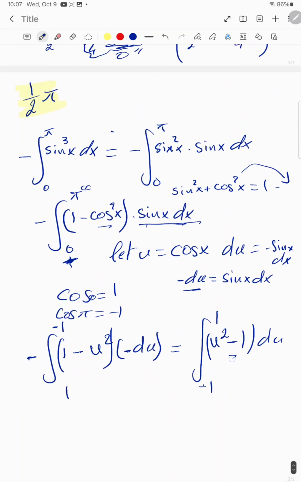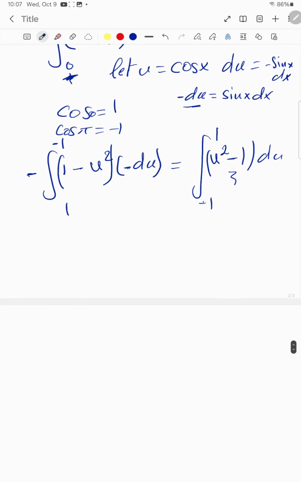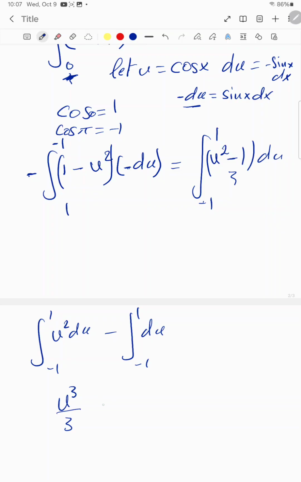Now, because of that minus, I can split it into two integrals. So it becomes the integral between minus 1 and 1 of u square du, minus the integral from minus 1 to 1 of du. And this is equal to u to the power of 3 divided by 3, and this is equal to minus u, and all that between minus 1 and 1. Here I have to replace u by 1 first, and then minus, replace it by minus 1.